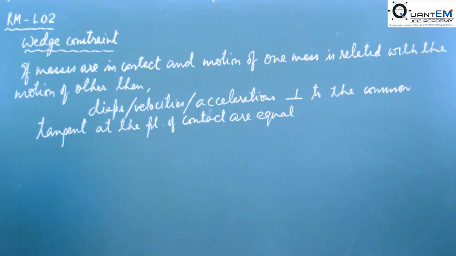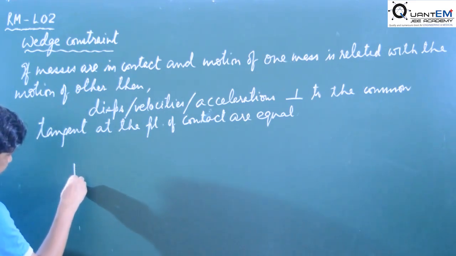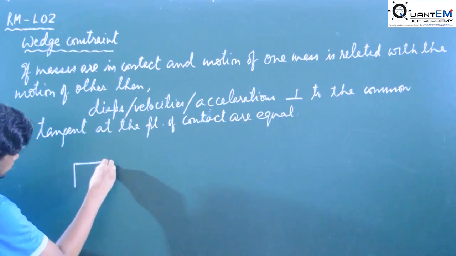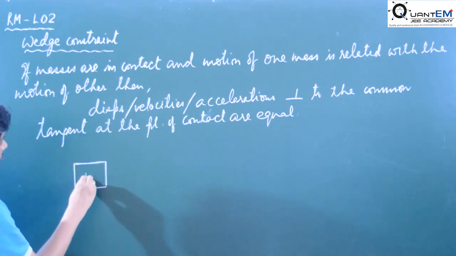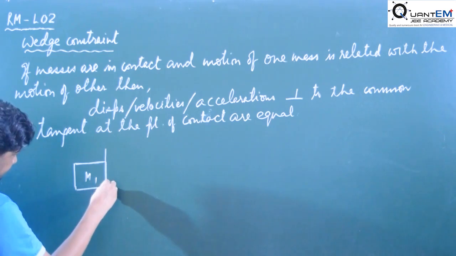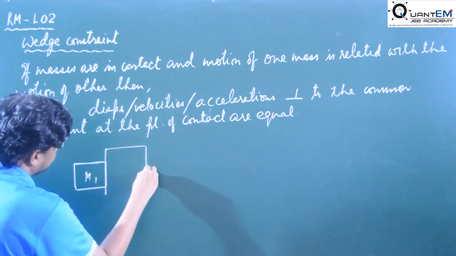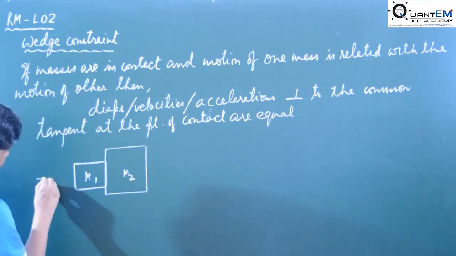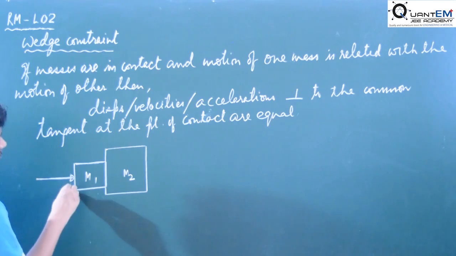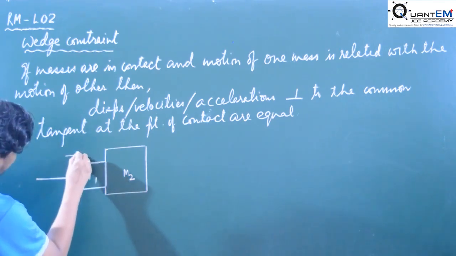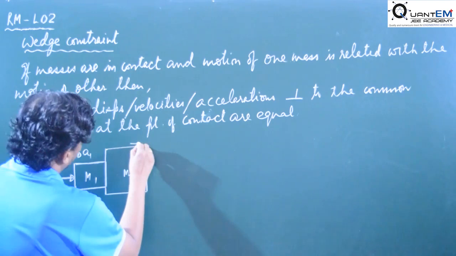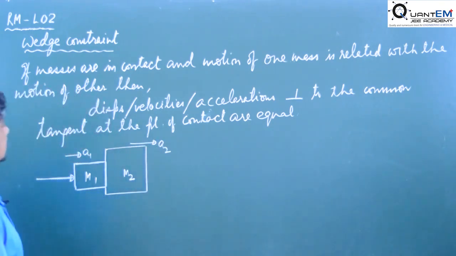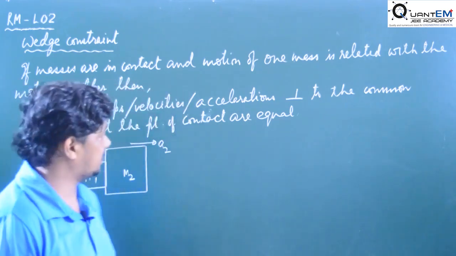Okay, so suppose we consider two masses, one is mass m1 and the other mass is m2. Under a given force, both masses are moving. Suppose m1 has acceleration a1 and m2 has acceleration a2, or velocities v1, v2 or displacement s1 and s2. So we have to find the relation between displacements, velocities or accelerations.